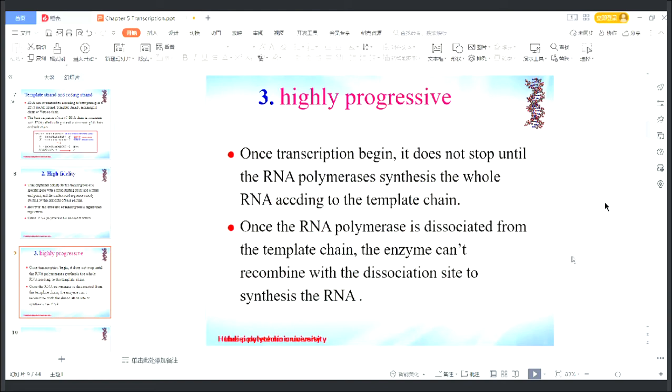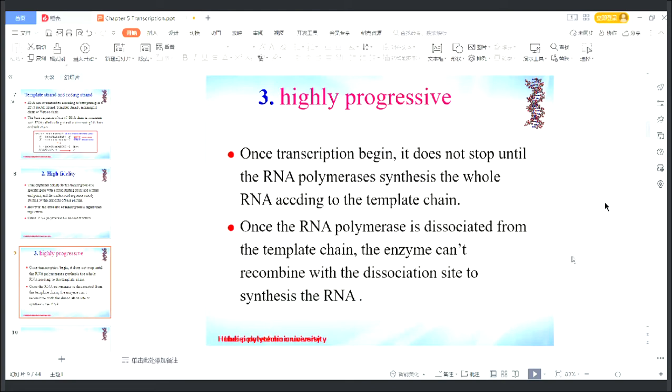For example, take bacteria under a certain condition, maybe a heat shock. At that time, the RNA synthesis may stop, so the RNA may not be synthesized completely.